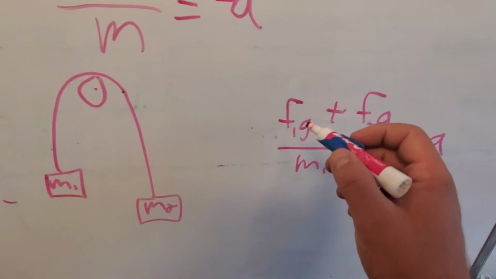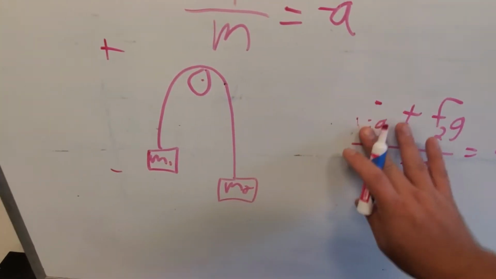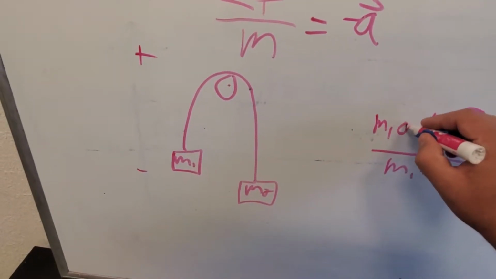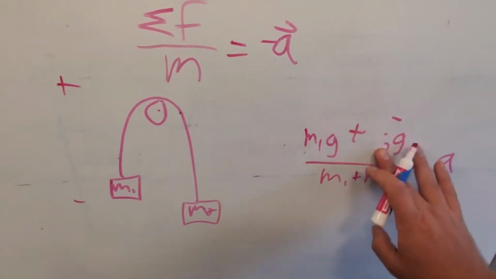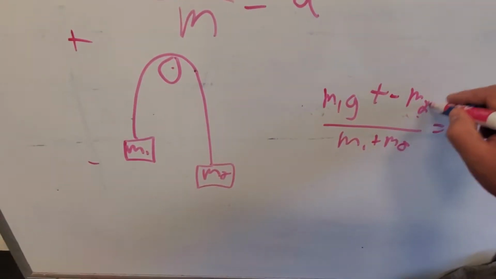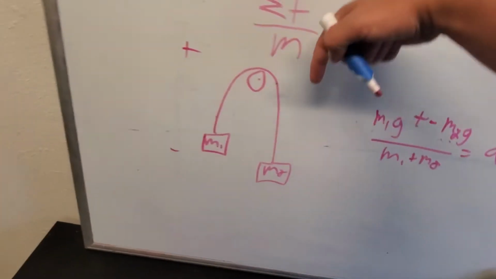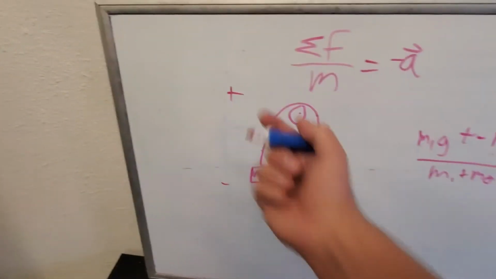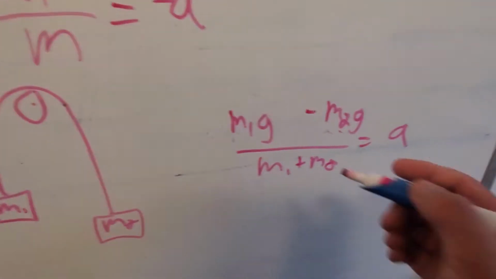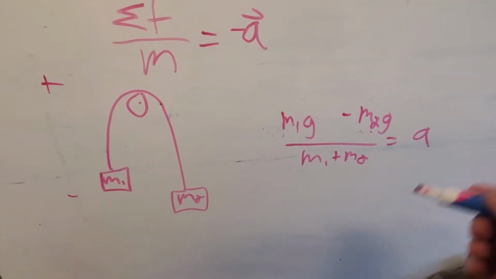Now let's look at the F of g. This simplifies to m1g, and this simplifies to negative m2g. The only reason I'm saying it's negative is because the force on this side is this way, and the force on this side is that way. Sum of the forces. Now, you can probably already see how this is going to simplify.